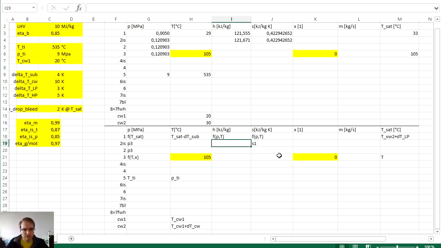So here the enthalpy is a function of pressure and entropy.